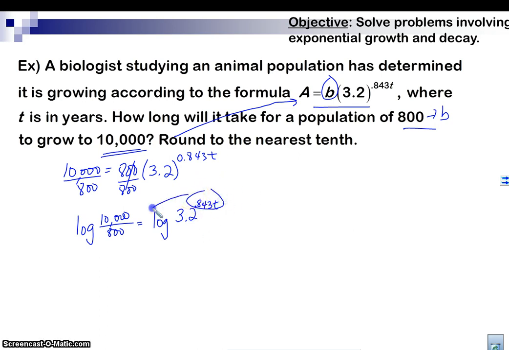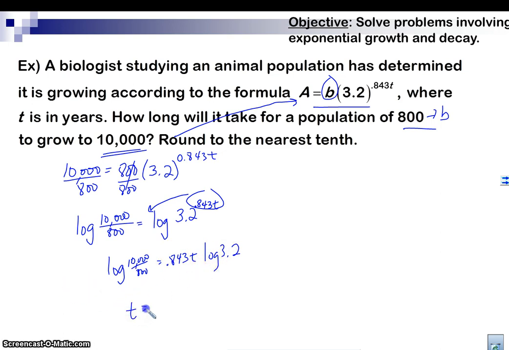Bring this down to the front. Log of 10,000 over 800 equals 0.843t times the log of 3.2. And we're going to divide all this stuff that's not a t to this side.